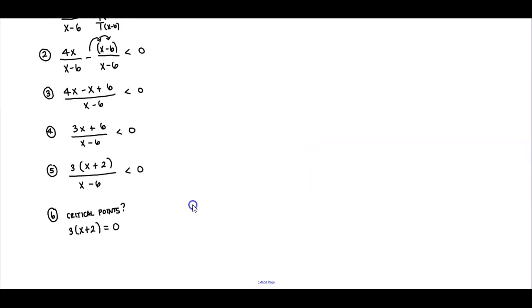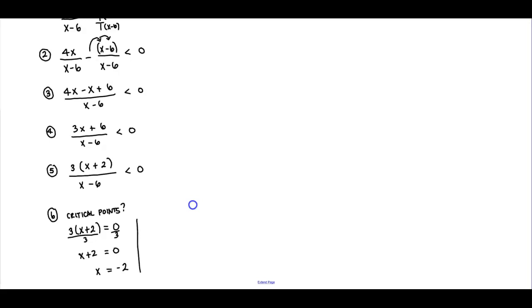If we divide both sides by 3, we have x plus 2 equals 0, because 0 divided by 3 is 0. Then subtracting 2 from both sides, x equals negative 2. So there's one of our critical points.